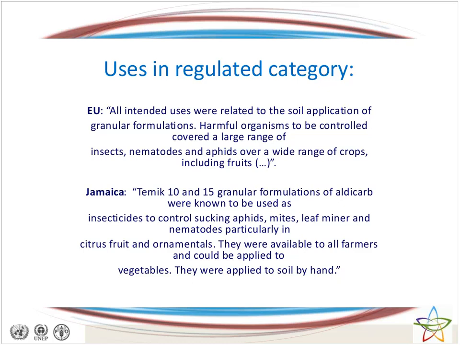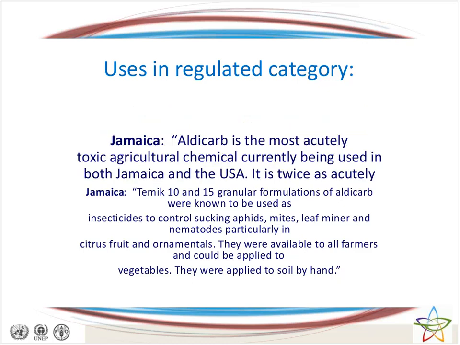They were available to all farmers and could be applied to vegetables. They were applied to soil by hand. So they showed there was direct exposure in the conditions of use in Jamaica.